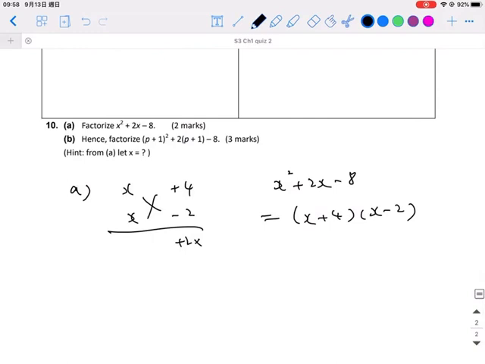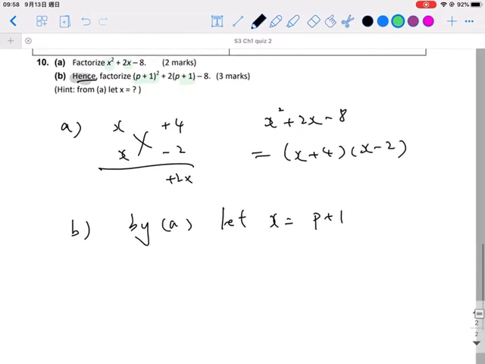Now we compare. If you see this word, that means you need to compare with the format of part A. So let x be p plus 1. We can write down like this: by A, let x equal to p plus 1.